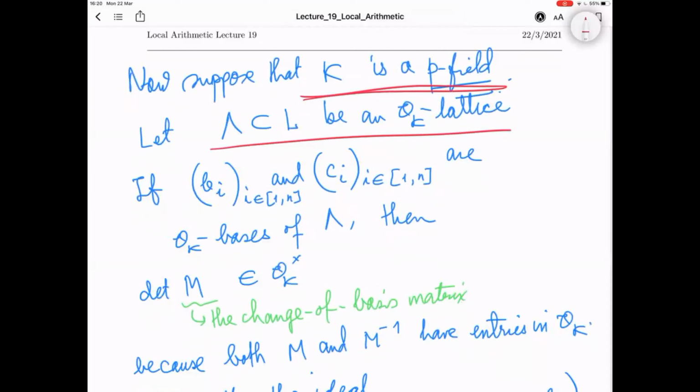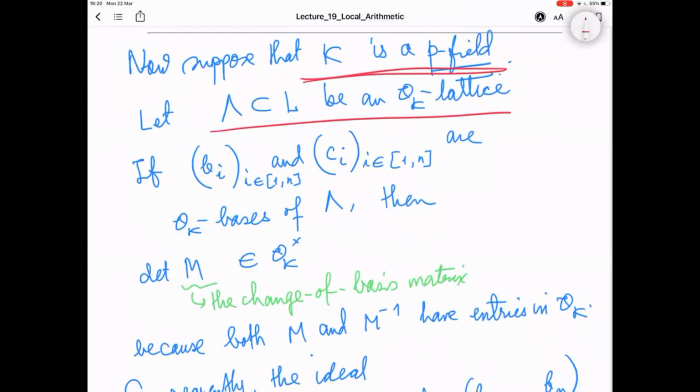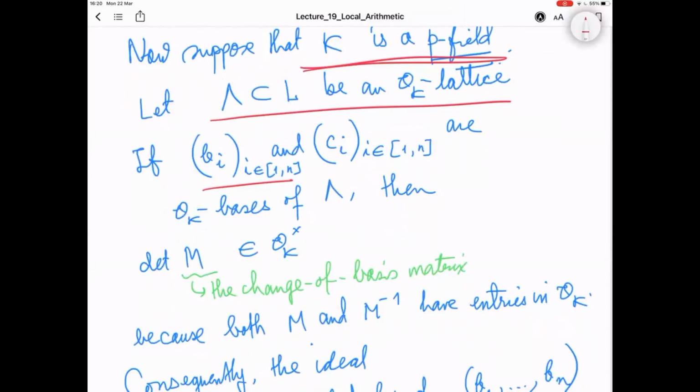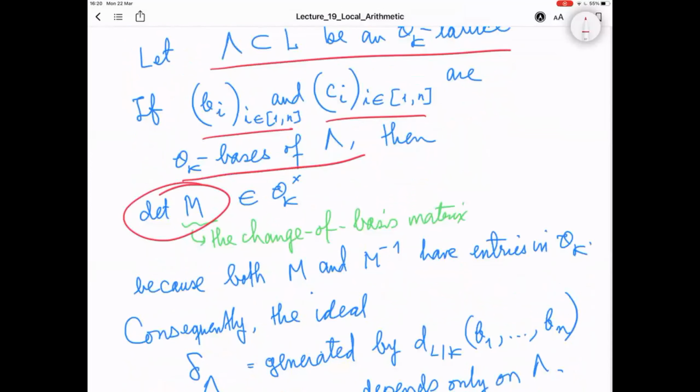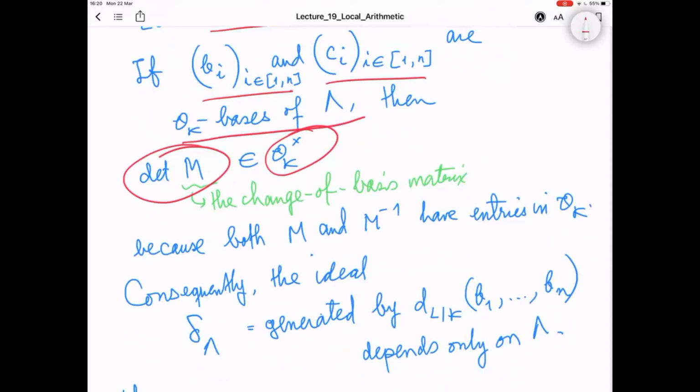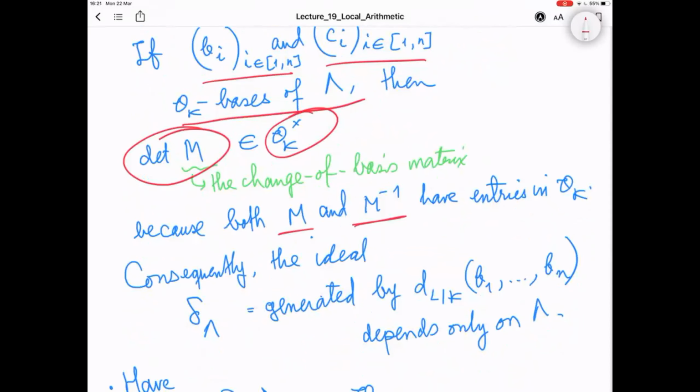And if I take an OK lattice, then I can take two bases of this OK lattice. Then of course the determinant of the change of basis matrix will be a unit in the ring of integers, because both M and M inverse have entries in OK.